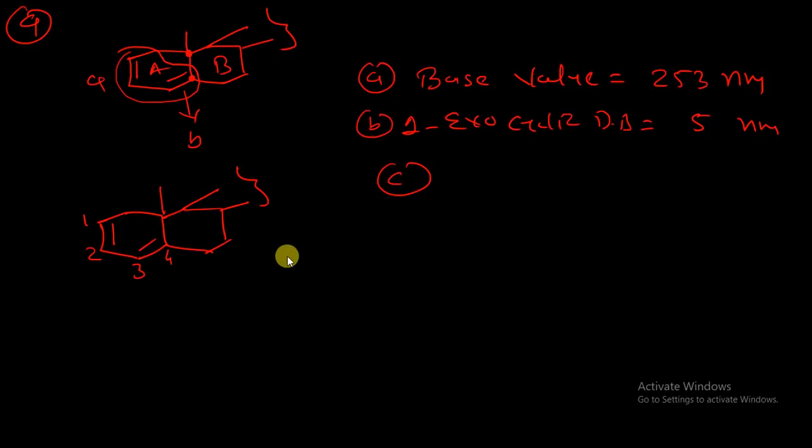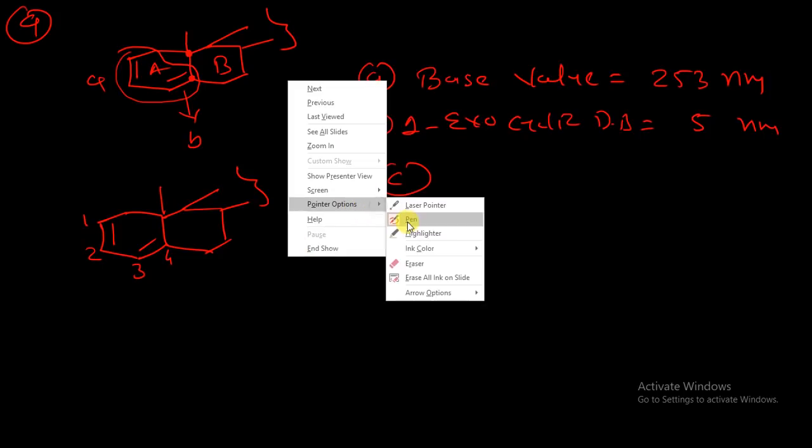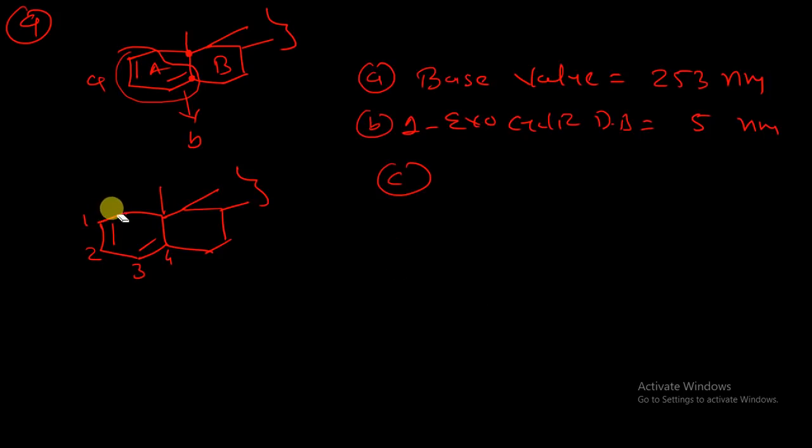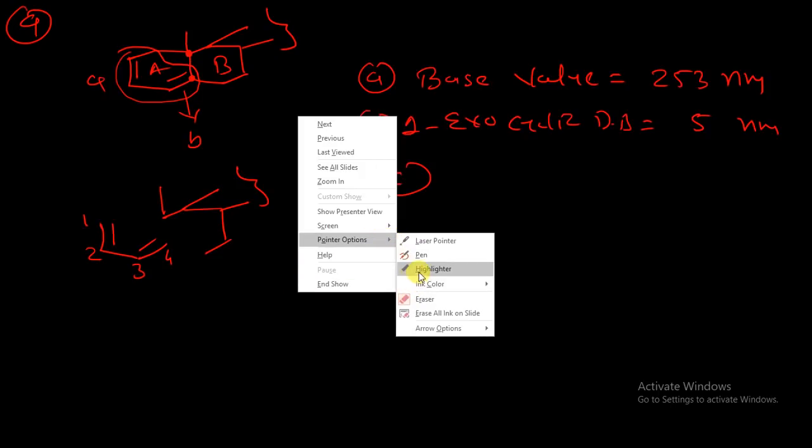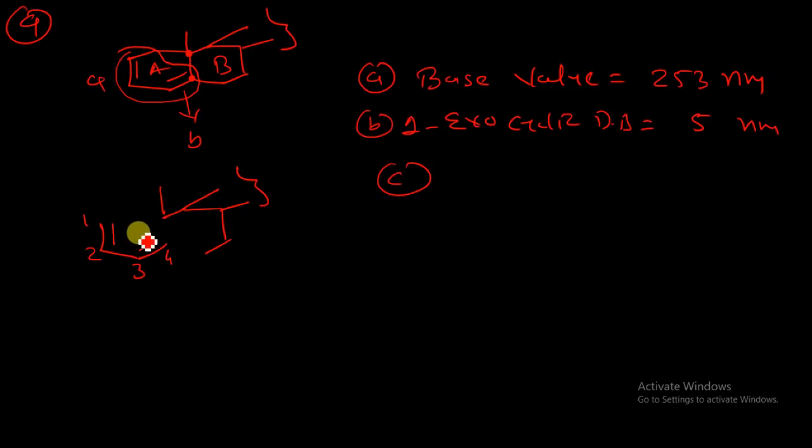Suppose I am cutting down this structure this way. The first one I cut down, this is a second one and this is a third one. So if I am cutting down this structure in 3 ways, there will be 3 ring residues present in the structure. You have to just imagine it this way, 1 2 3 4.